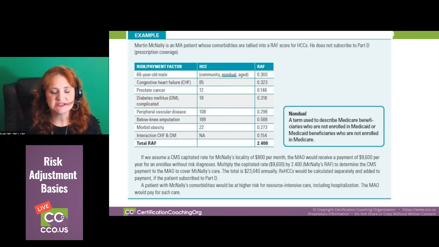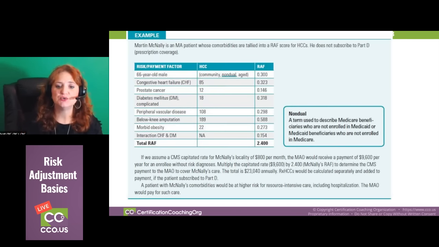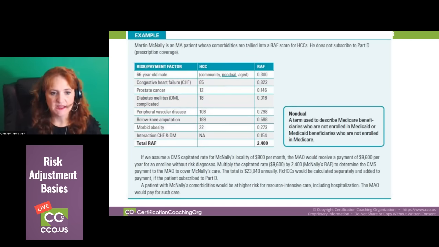So he carries a RAF score of 2.400. And how does that translate into money? Well, it ends up being a little more than $23,000 annually that's set aside for that patient. And of course, that's not even including the RX. So this is saying that they have a capitated rate, meaning $800 a month, and the MAO is going to receive $9,600 for a year for that patient.